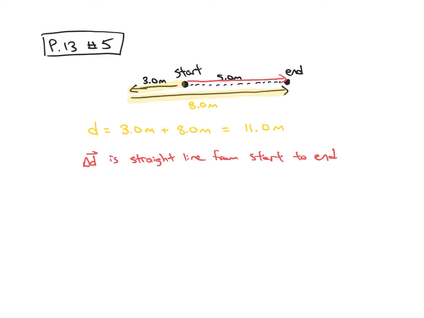That red arrow represents the displacement. And from the diagram, you can see that that's going to be 5 meters. Now, displacement is a vector, which means you need to report both the magnitude, as I just did, but also the direction. The direction here is to the right.